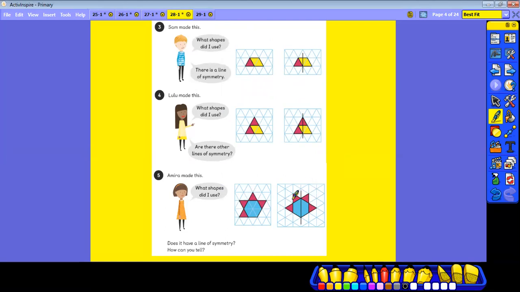But in this picture here, it's been moved, hasn't it? It's been rotated and the line of symmetry is here, but you can still see the line of symmetry there. And remember, if you were to cut it out and fold it along that line, it would overlap perfectly.